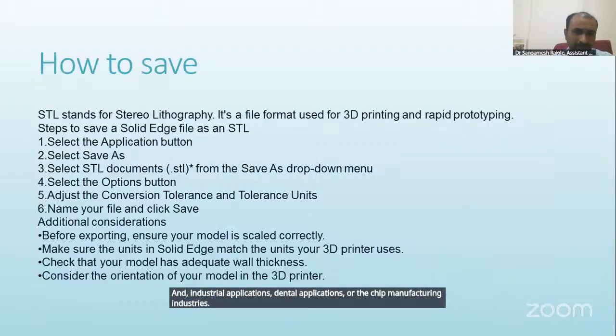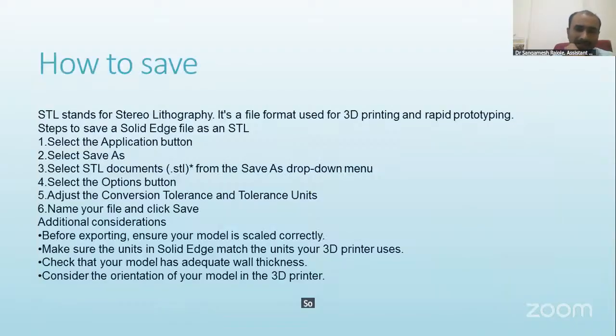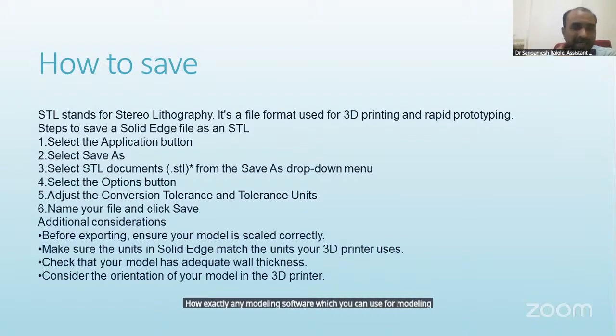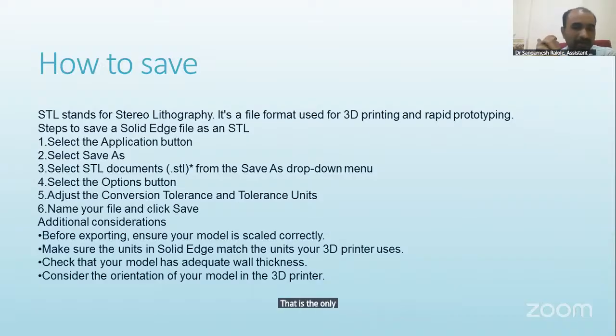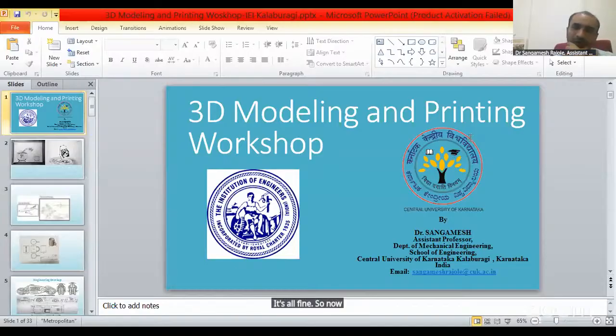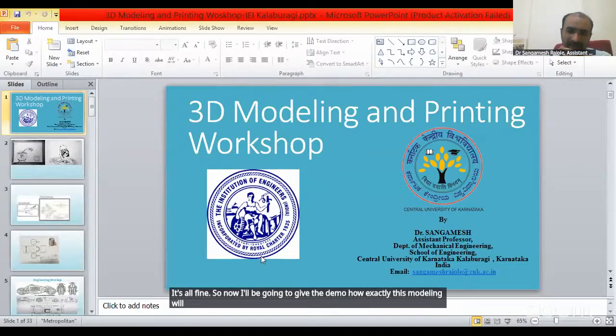You can use any modeling software for modeling purposes, but at the end you have to save it as an STL file. That is the only part which we have to remember. Otherwise, it's all fine. Now I'll give the demo of how exactly this modeling will be done.